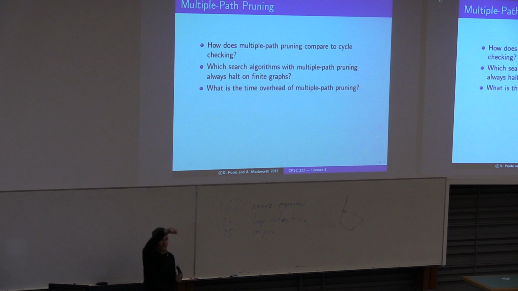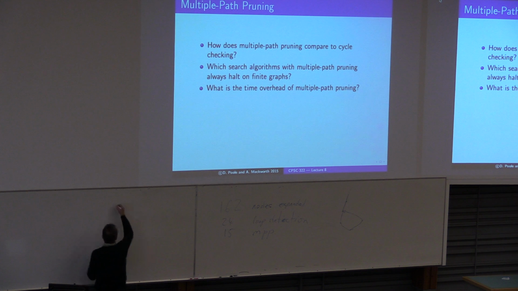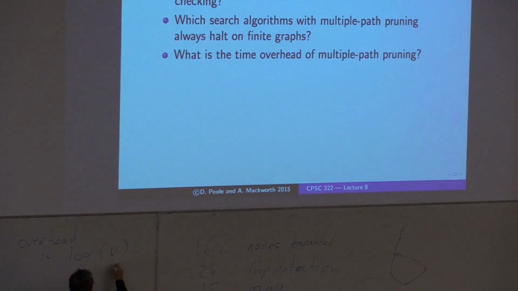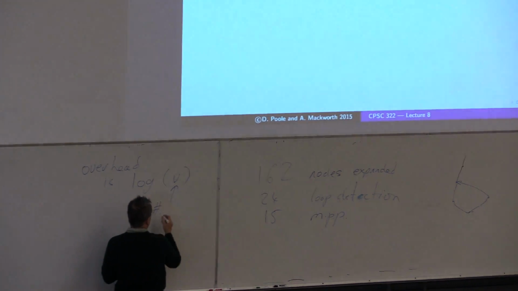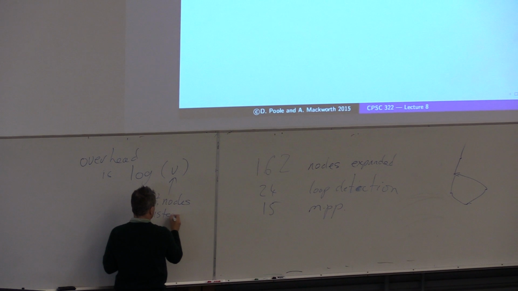At each cost, you've got to remember an element of how fast you can check an element in a set. Let's assume you can do it in log n time by building a binary search tree or something else, right? So then the overhead is log of the number visited. This is the number of nodes visited, or expanded.